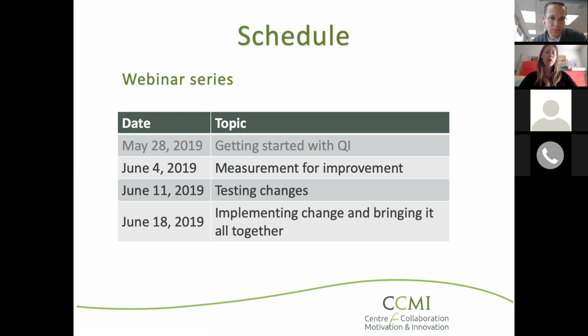We're just adjusting the content flow as things emerge in the group. And as a reminder, these sessions do build on each other. So some of the previous content will be important to understanding the content we'll address today and so forth.